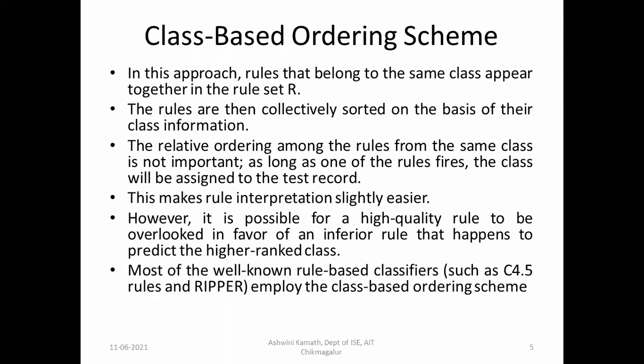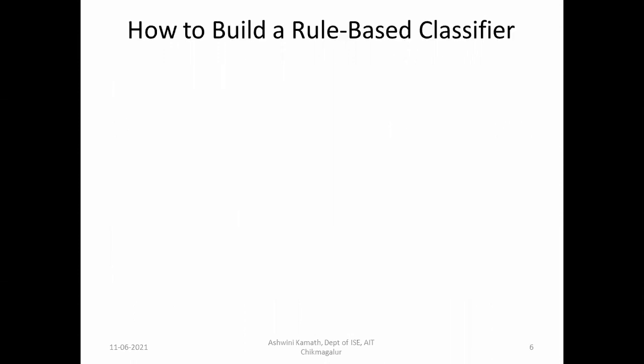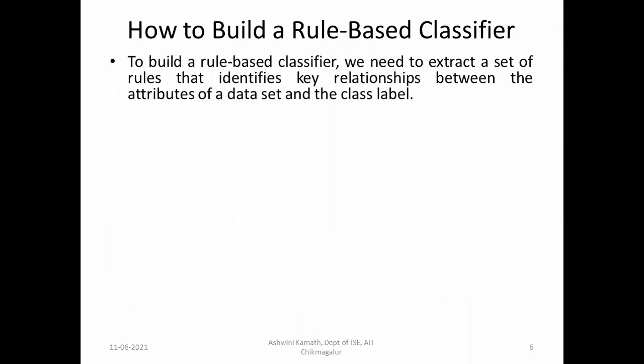Most of the well-known rule-based classifiers such as C4.5 rules and RIPPER employ the class-based ordering scheme. So when compared, rule-based ordering and class-based ordering, the class-based one is easier to interpret.